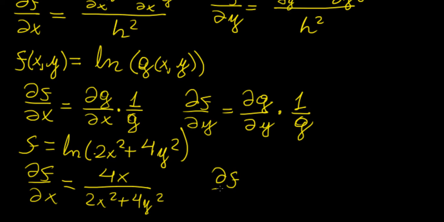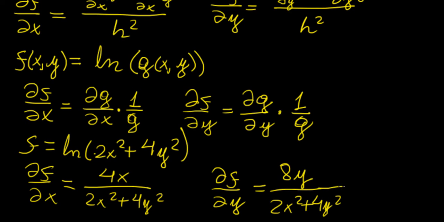And now for the partial derivative with respect to y, we're going to get 2 times 4, that's 8, so 8y over 2x squared plus 4y squared. So you can see this is a very straightforward procedure, but I think a lot of people may have trouble sometimes, because partial differentiation requires you to differentiate with respect to one variable at a time whilst treating the other ones as constant. So it's just a matter of practice.